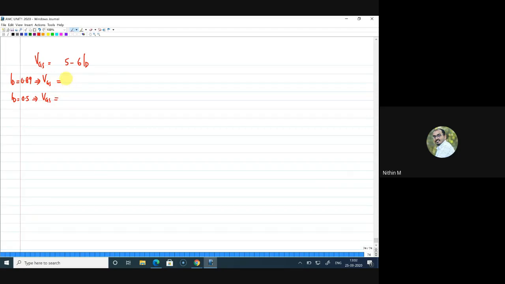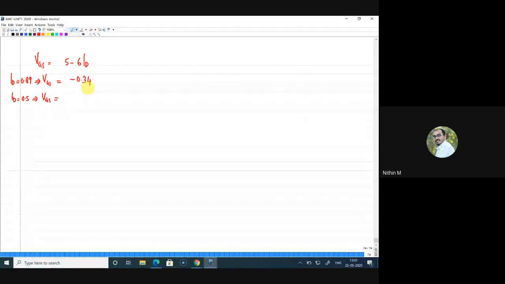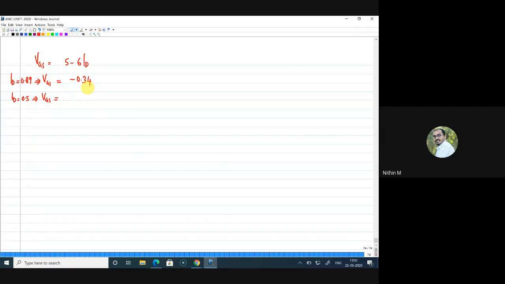Yeah, substitute back in the previous equation. So for ID 0.89, VGS is negative, around minus 3.4 or so. That cannot be true because we assume that the MOSFET is in saturation, right? VGS cannot be negative even for an NMOS device.